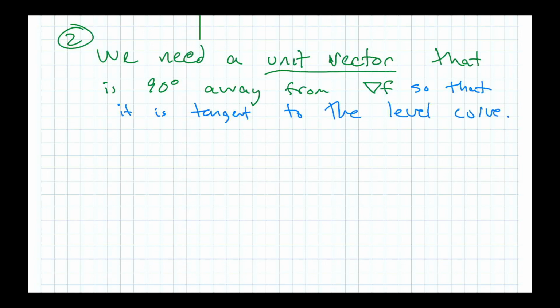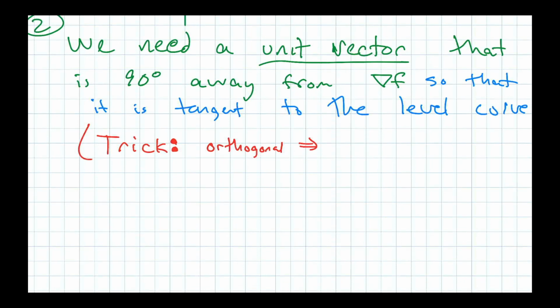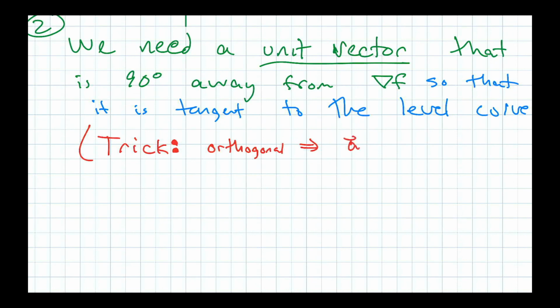Okay, so this is just kind of a trick here. You know that orthogonal implies that, like, u dot v. I don't want to use those. I'll use different ones. If you do the dot product between two things and it's zero, then that means they're orthogonal, right?